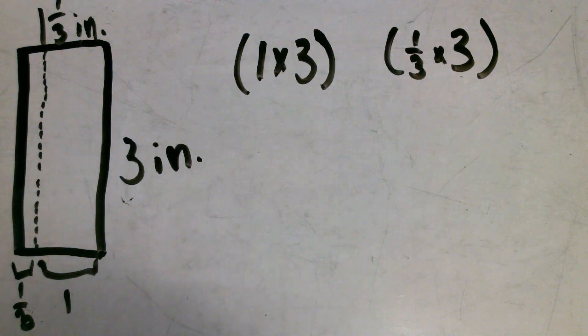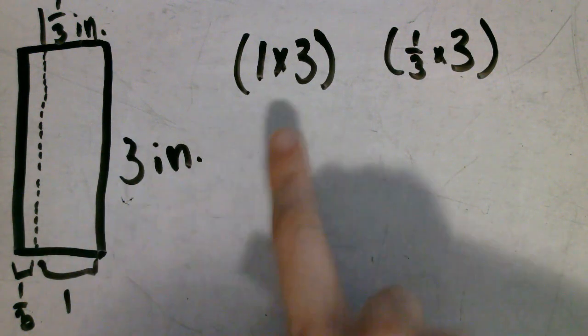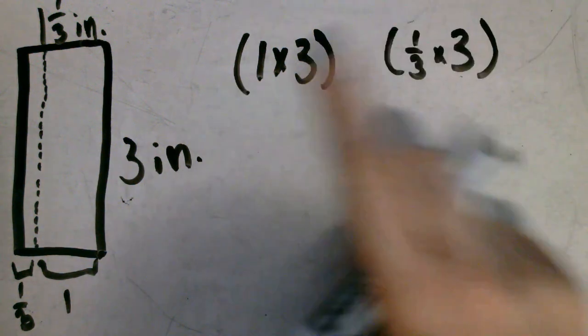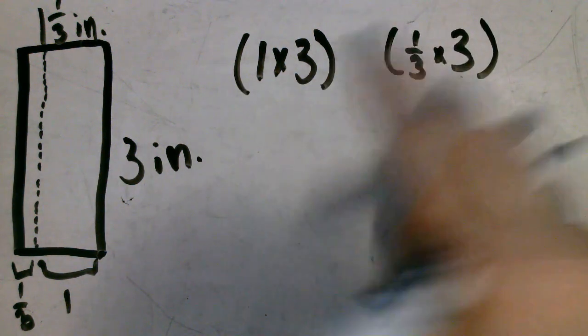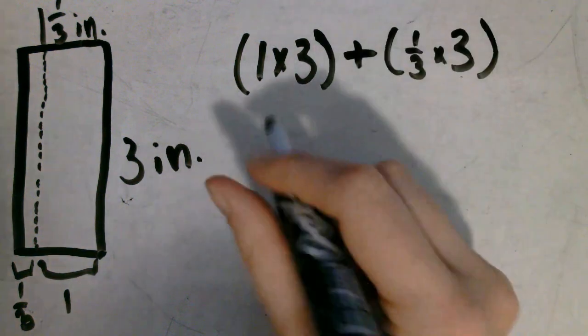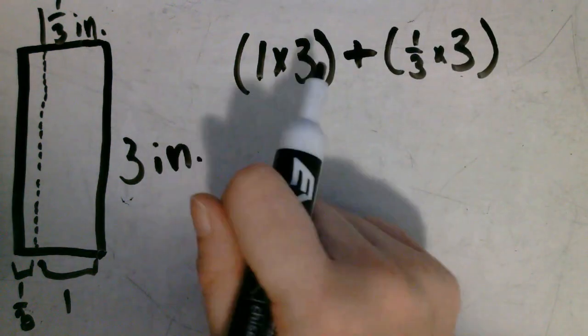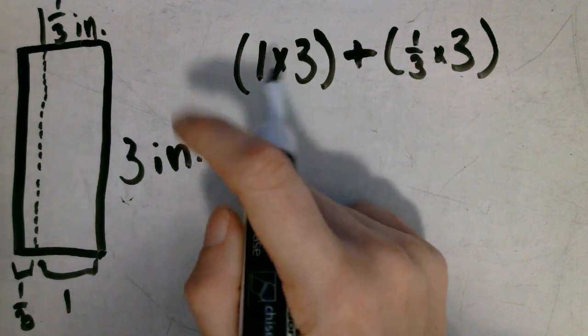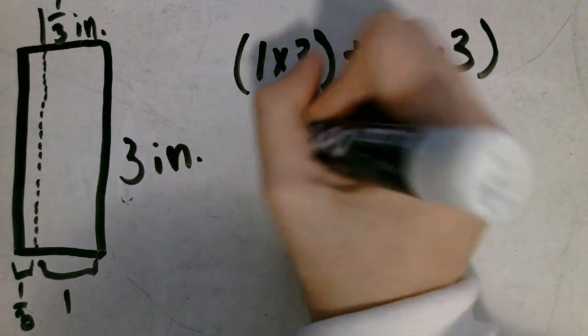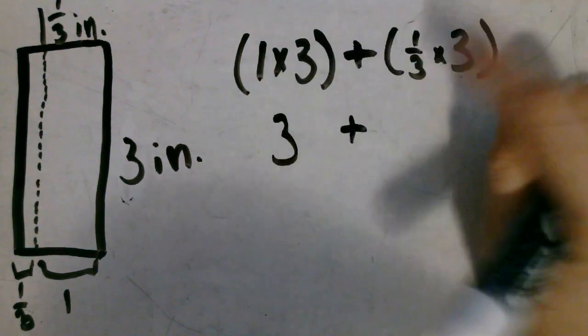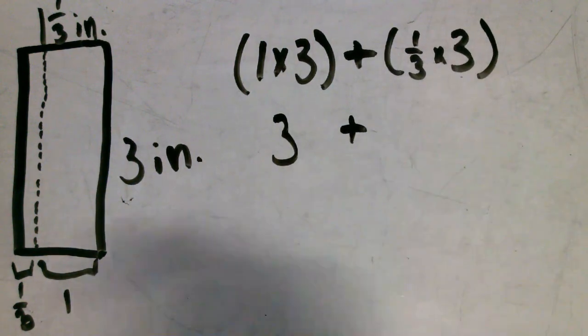Write that on your whiteboards now. To find the total area of this shape, we would need to solve for these two equations and add them together. Let's do that now. 1 times 3, everybody, is, call it out, 3. And 1/3 times 3.